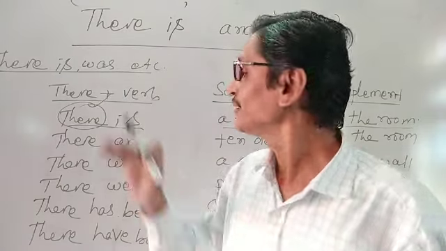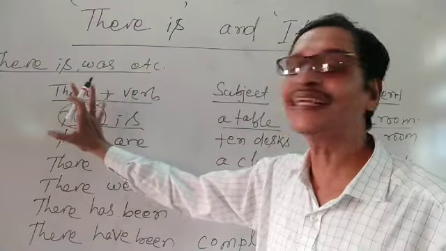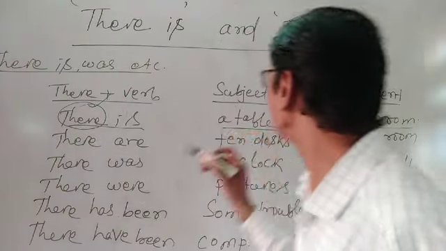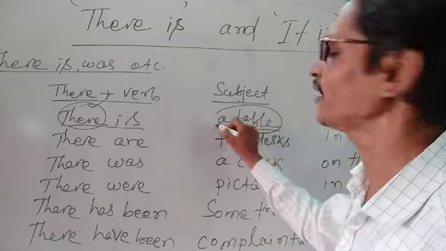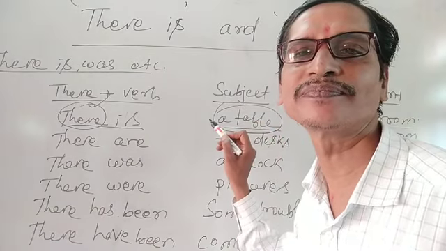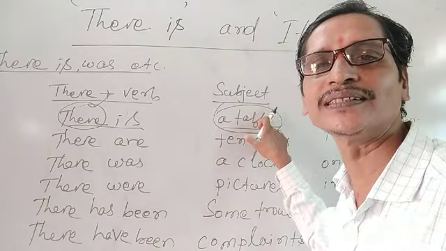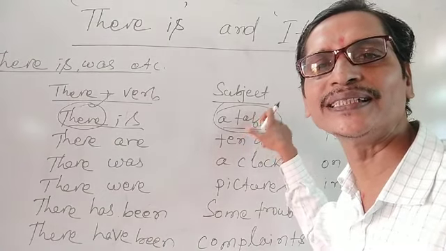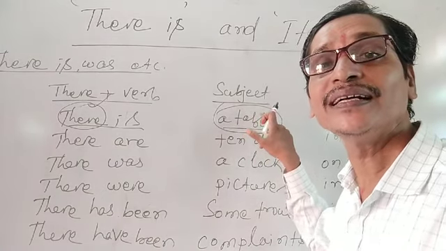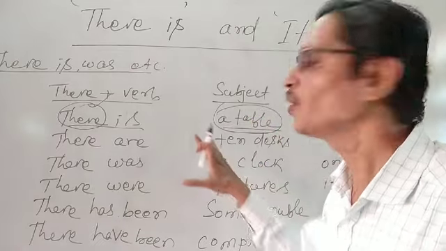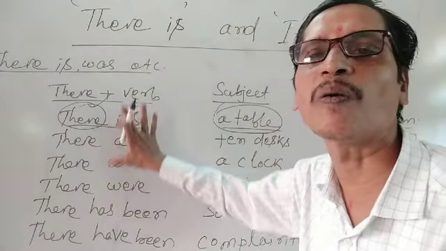But particularly, here "there" is not the subject. The real subject is over here, the table. But in accordance with this subject, its number, its gender, and its person, we use these verbs.